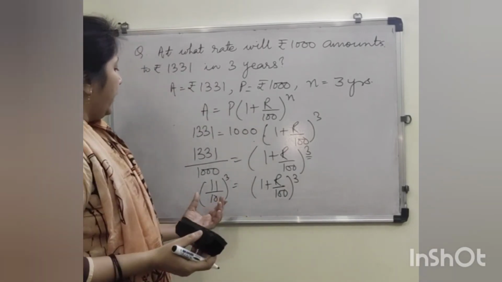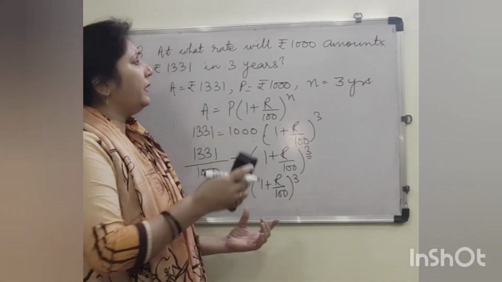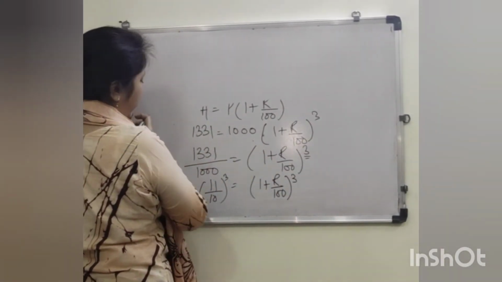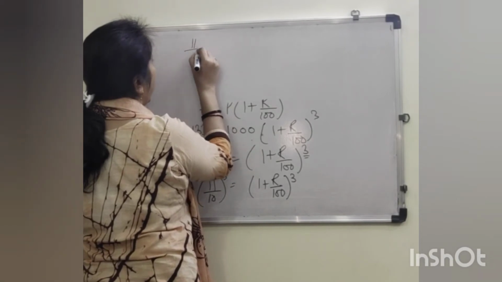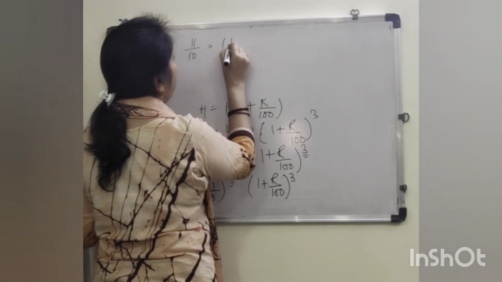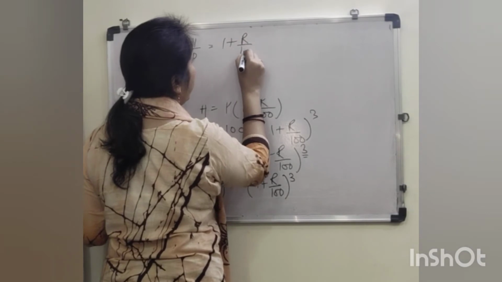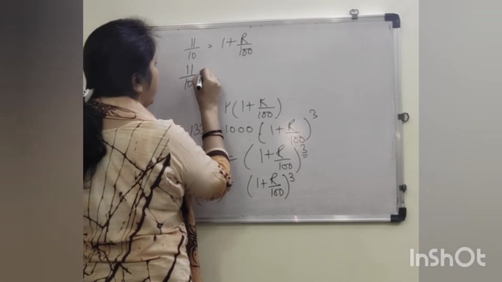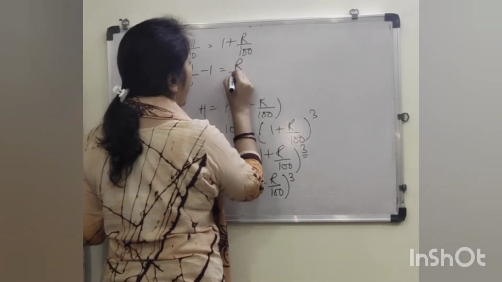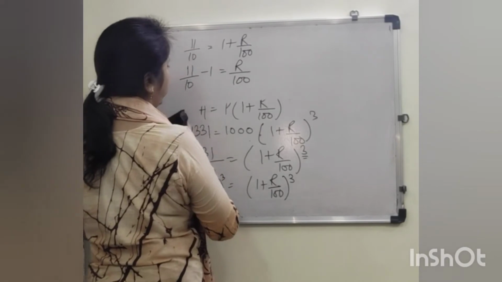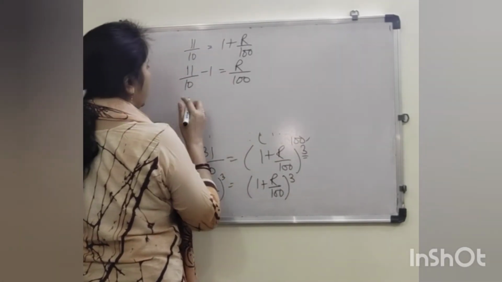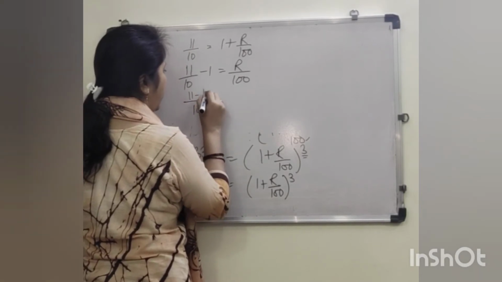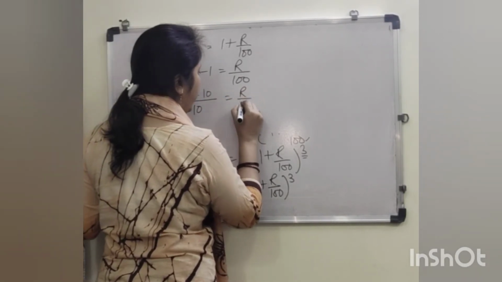Now children, on both sides exponents are the same, so we drop the exponents and take the bases. So 11 over 10 is equal to 1 plus r over 100. Transpose this 1 to this side: 11 by 10 minus 1 is equal to r over 100.